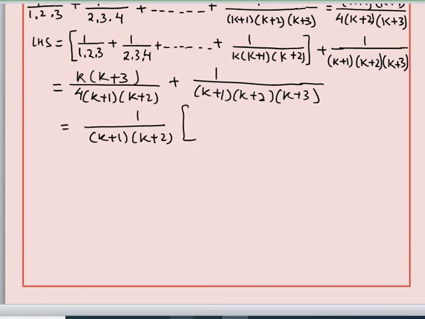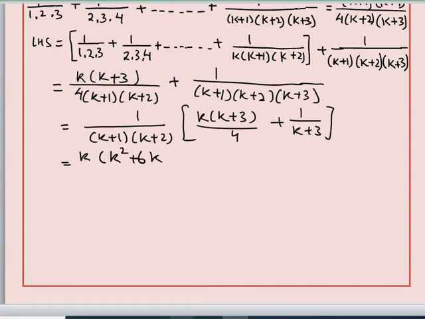And the leftover terms in both, here we are left with k into k plus 3 divided by 4, and this reduces to 1 over k plus 3 only. So taking LCM and solving, you can see this k plus 3 will multiply here and 4 we will multiply here. So it reduces to k into k plus 3 whole square. That will become k square plus 6k plus 9.